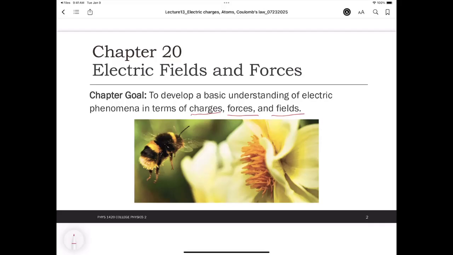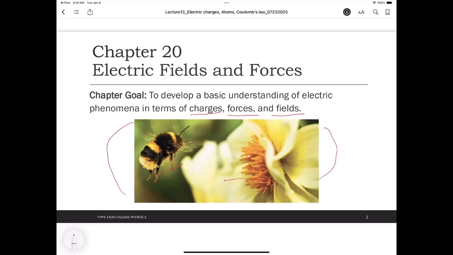You can see there is an image here. At first you will be very confused about why there is a bee and a flower related to electric fields and forces. It's difficult to imagine, am I right?